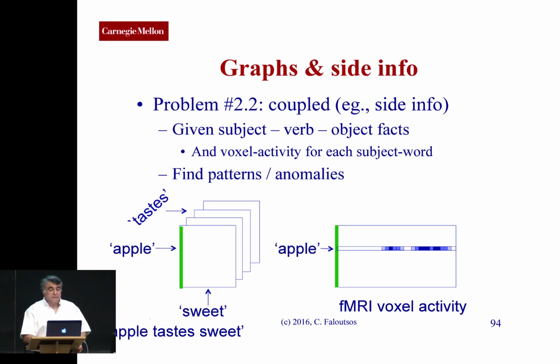The fact is apple tastes sweet, and we have a human who agreed to go in an fMRI machine, and we see that these voxels of the human get activated. So the question is, if we have the word orange here, can we guess which parts of the brain will get activated? Or the other way around, if we see these voxels getting activated, what types of verbs or objects create this activity? So we would like to analyze the coupled tensor and the matrix together.